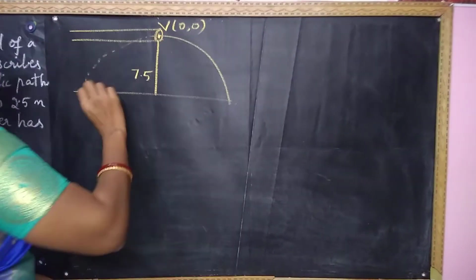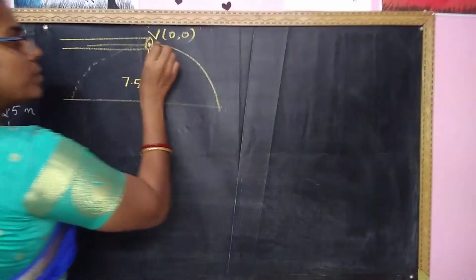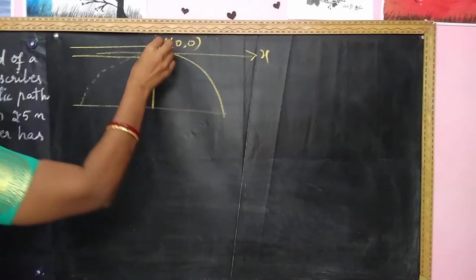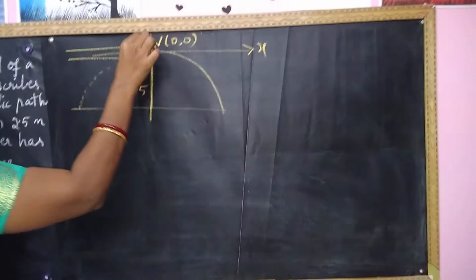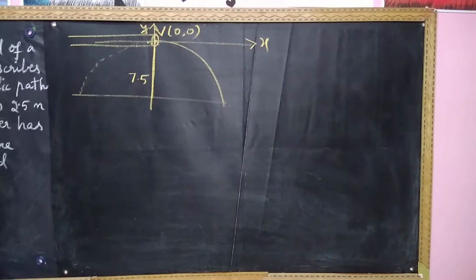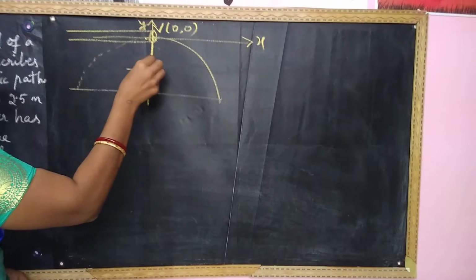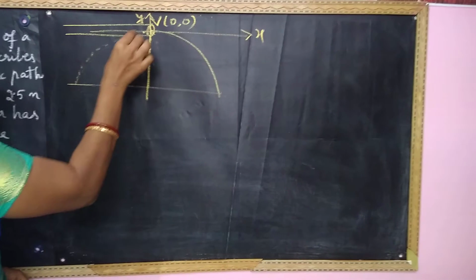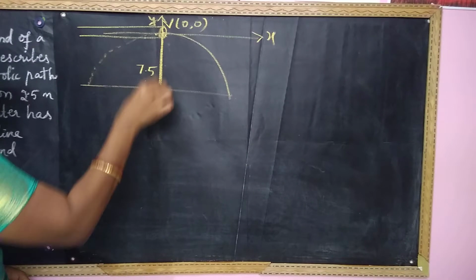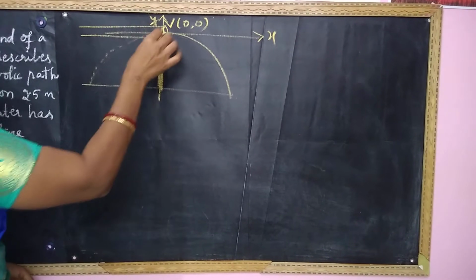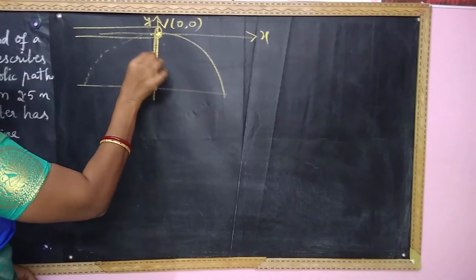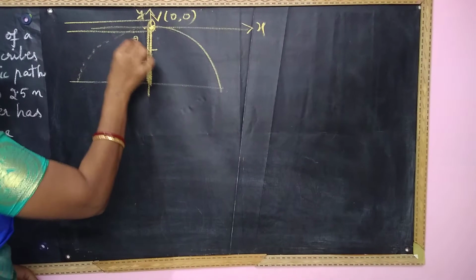So assume this is a parabola. Assume this as x-axis and the vertical line as y-axis. And 2.5 meter below the water pipe, so take 2.5 meter from here. 7.5 meter is the total height. So from the vertex, take 2.5 meter.